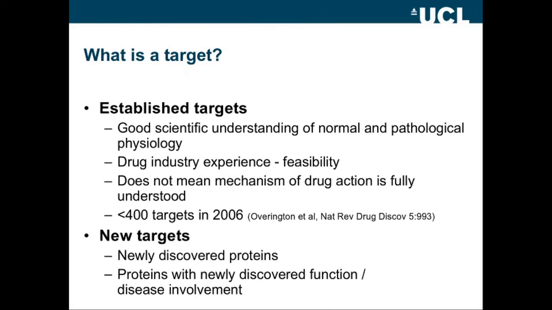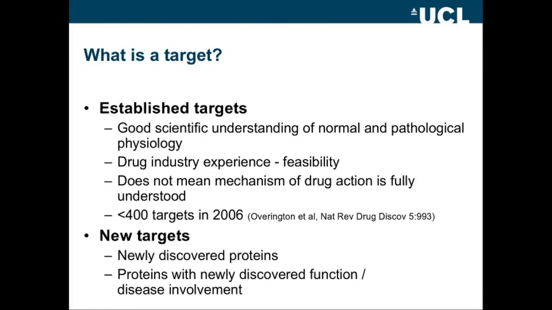The alternative then is to start looking at new targets. Now, given that we know that the human genome contains approximately 20,000 proteins, and of course those also undergo alternative splicing, so on average we have about 3 splice variants per protein, so that means we have in total about 60,000 proteins.